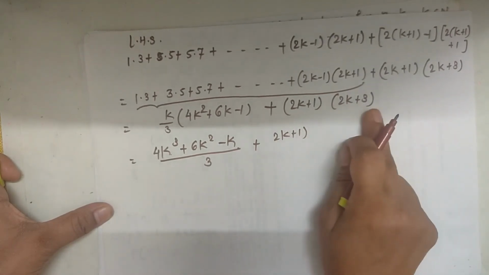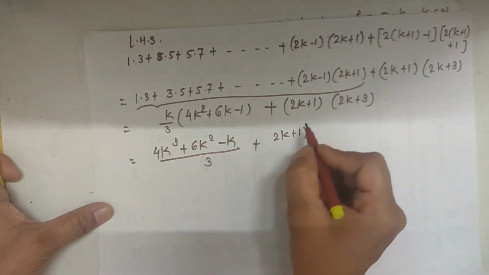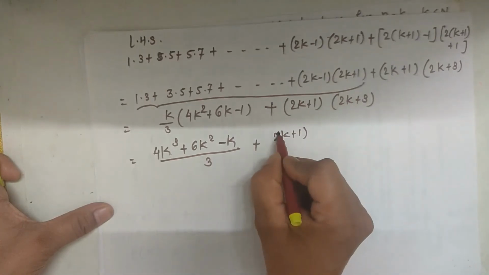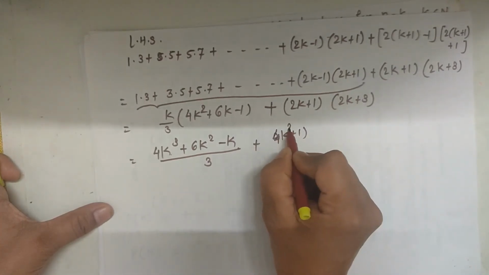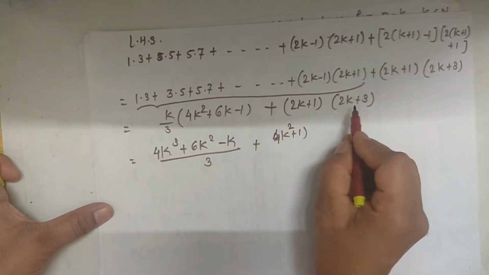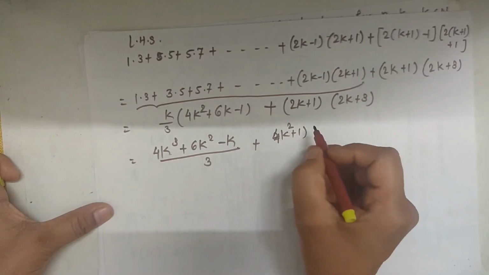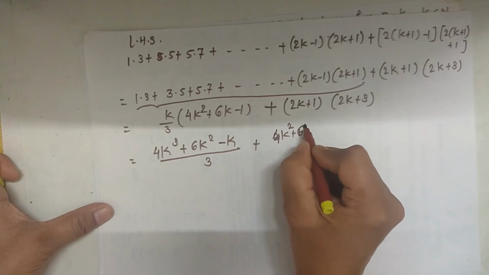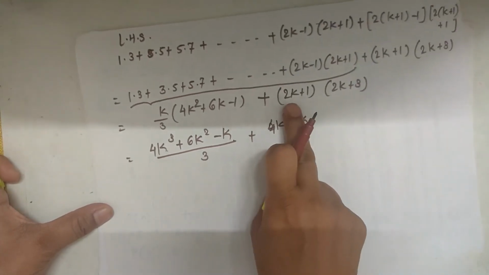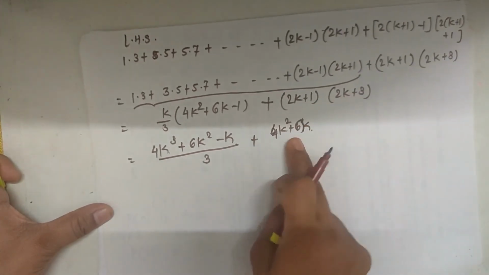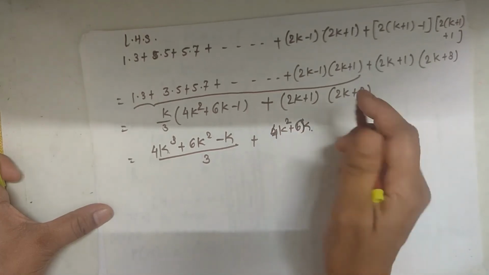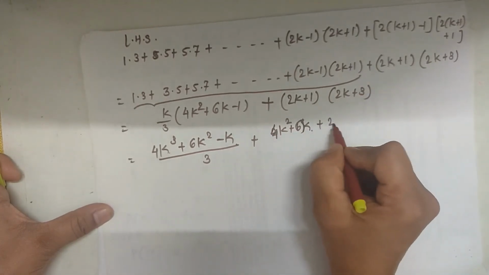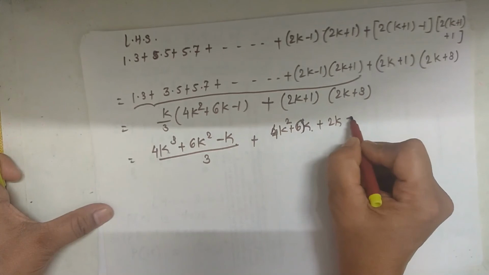Again simplifying these two brackets, we get 2k into 2k, 4k square, plus 2k into 3, that is 6k, plus 1 into 2k, 2k, 1 into 3, 3.